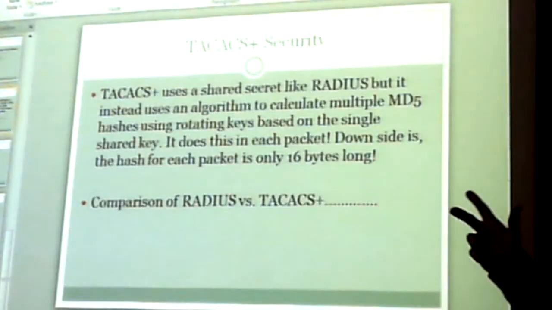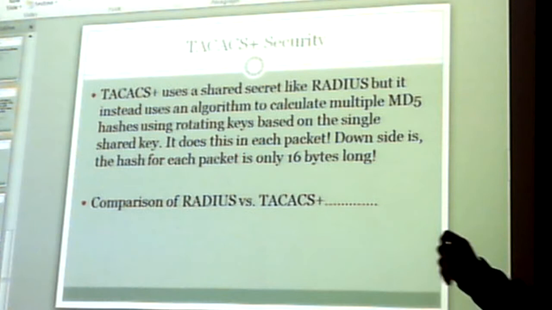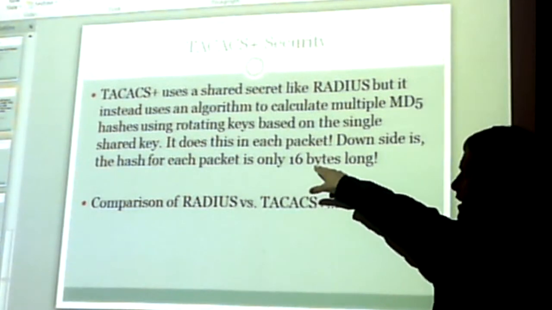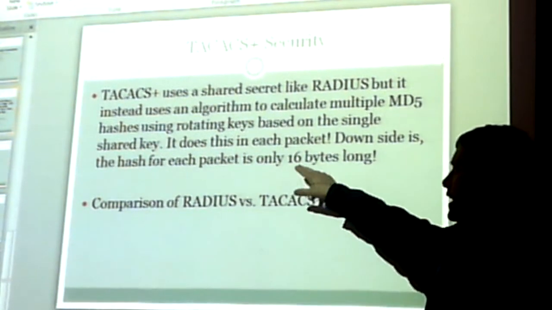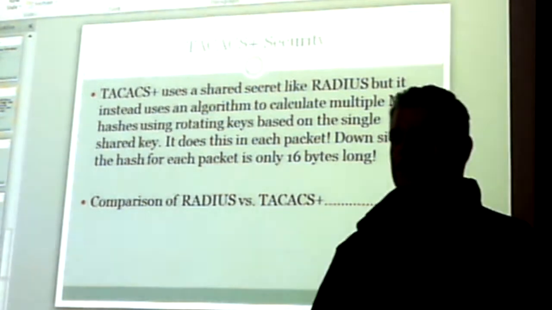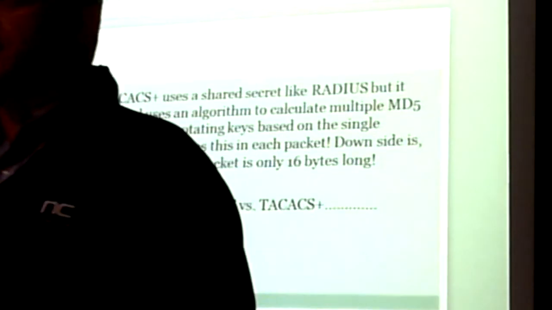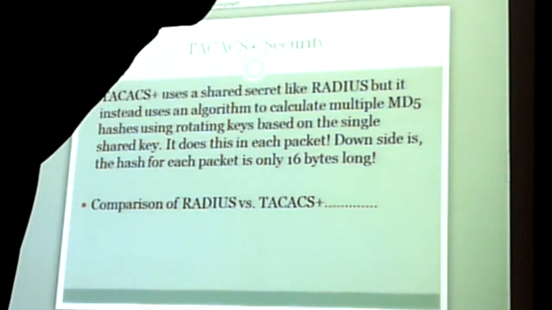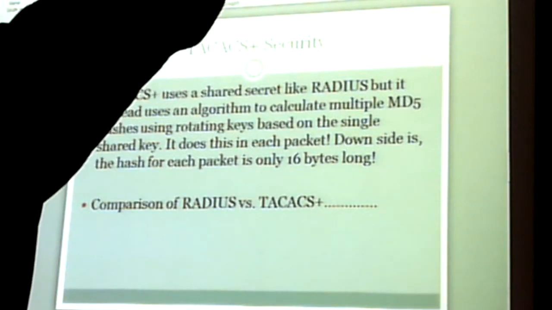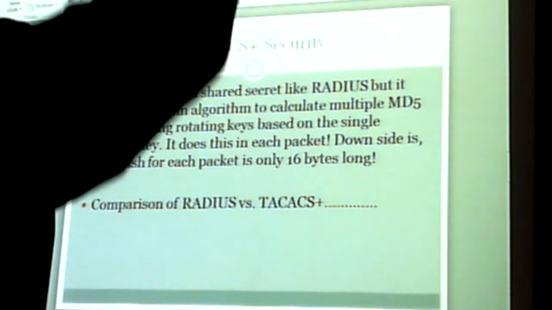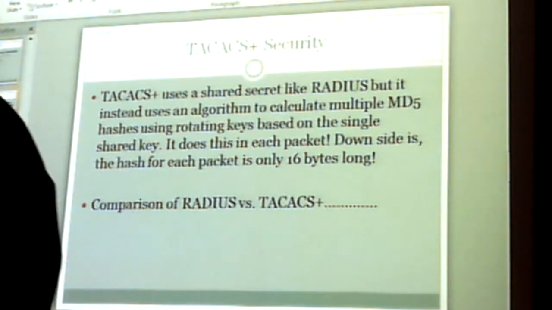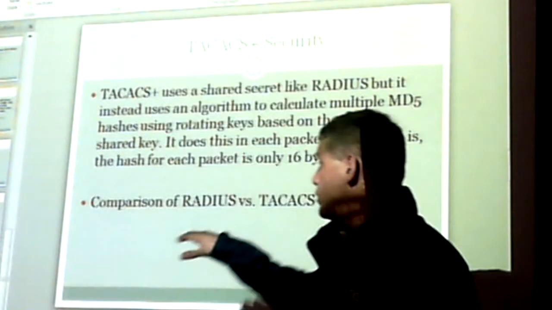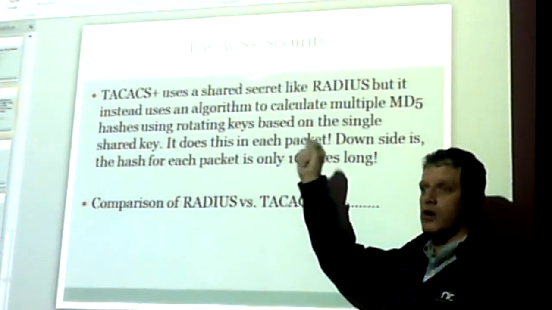But in doing so, it can only do it on a limited basis. The hash for each packet is only 16 bytes long, 16 octets. With a rotating key, it's harder to crack one time, it's easier to crack the other time, but by the time you crack it, you have a limited amount of time before it changes again.